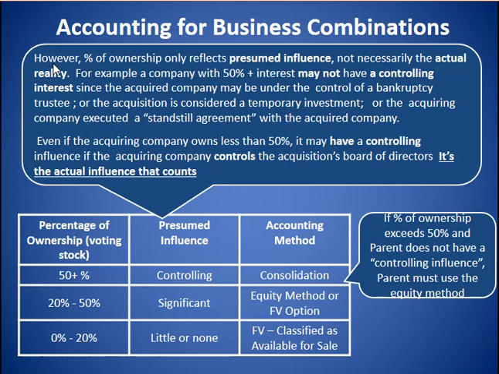With presumed influence, however, percentage of ownership only reflects presumed influence, not necessarily the actual reality of influence. For example, a company with a 50% plus voting interest in another company still may not have a controlling interest, since the acquired company may actually be under the control of a bankruptcy trustee. So the other company still legally has to work within the control of that bankruptcy trustee.